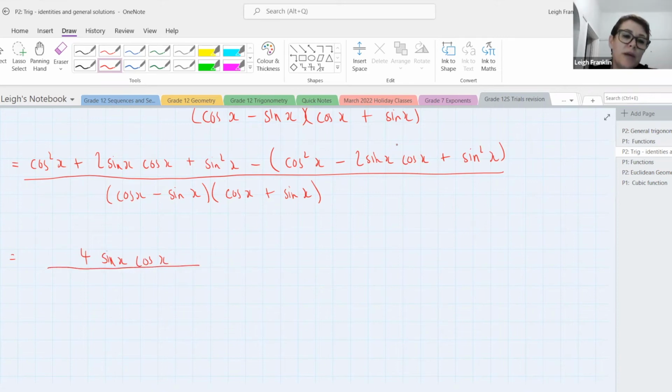And then what I'm going to do here is multiply my brackets together. So at the denominator, if I multiply cos x minus sine x with cos x plus sine x, because it's a difference of squares, I end up with cos squared x minus sine squared x.